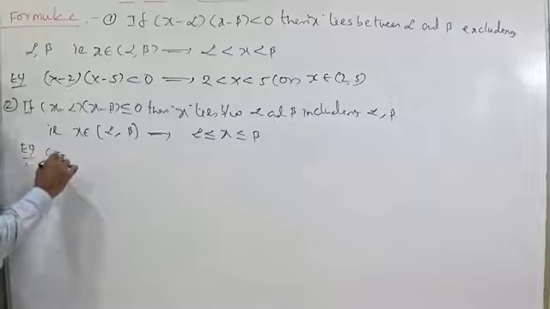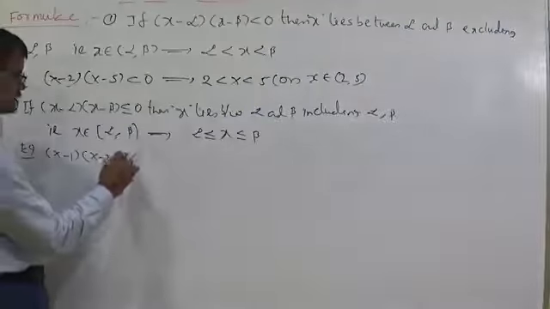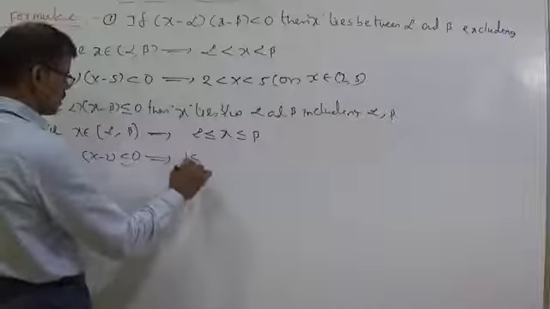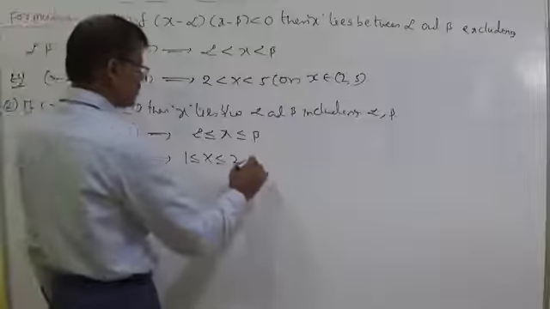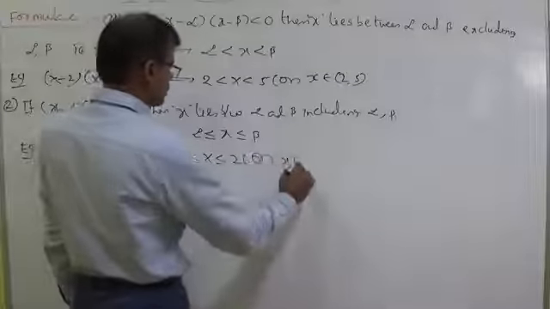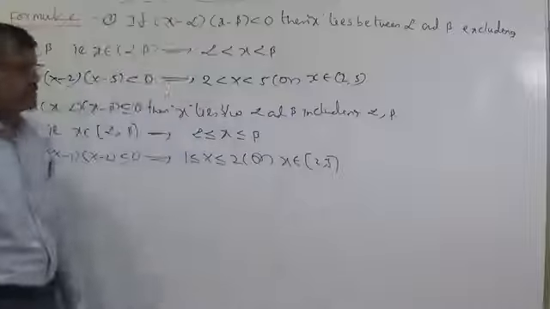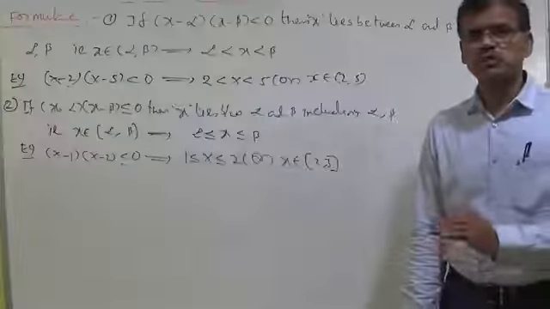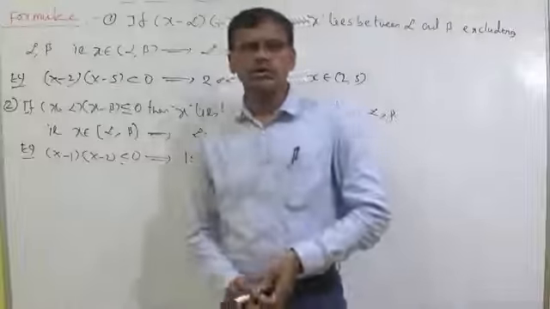Example: (x minus 1) into (x minus 2) less than or equal to 0. That implies 1 less than or equal to x less than or equal to 2, or x belongs to the closed interval. These are simple intervals, depending upon the formulae I said.